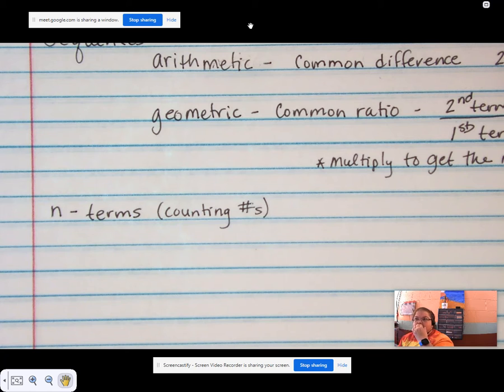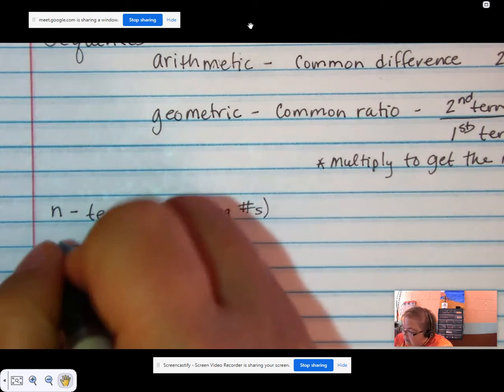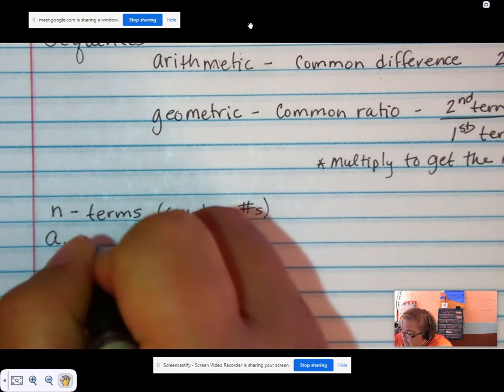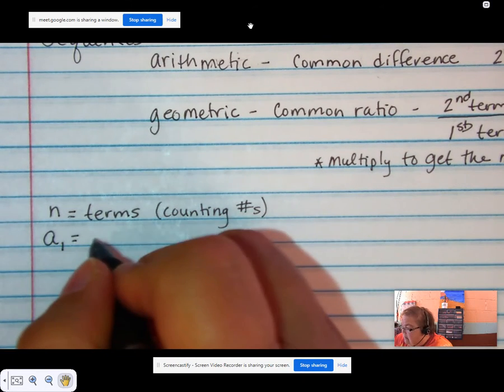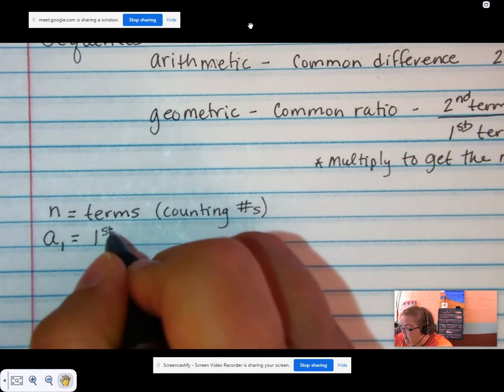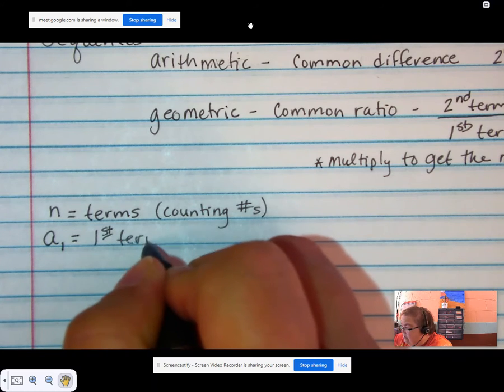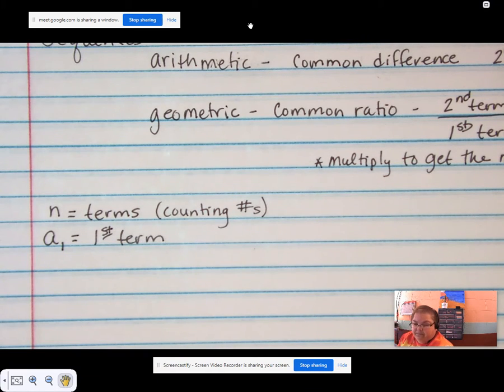Our counting numbers. When you see N, that's terms or our counting numbers. And A sub 1 is the first term. Okay? A sub 2 is the second term, and so on. Okay, just as a reminder.